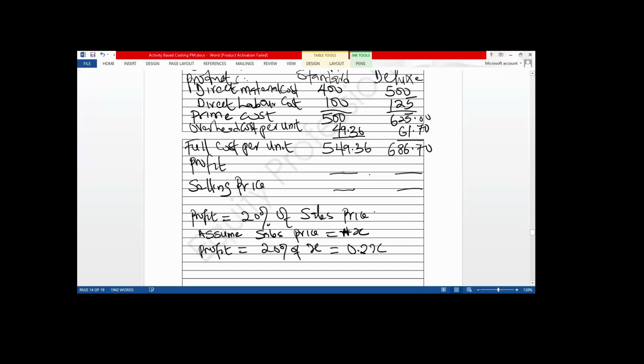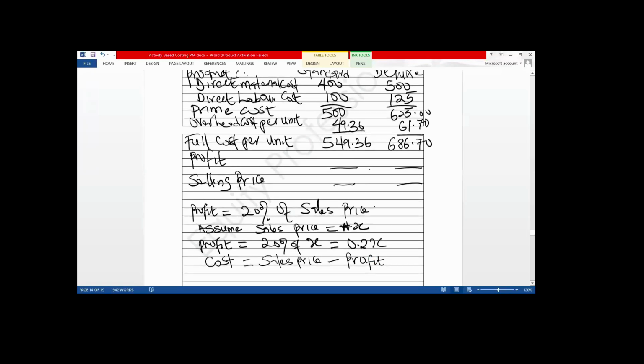Look at my cost. Cost is equal to sales price minus profit. Is that not so? Good.